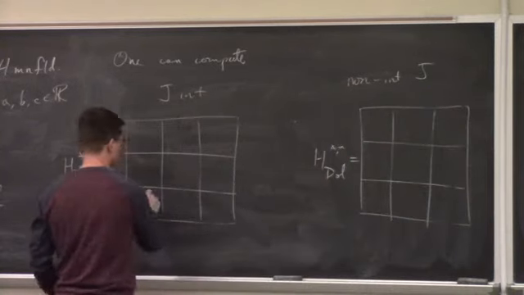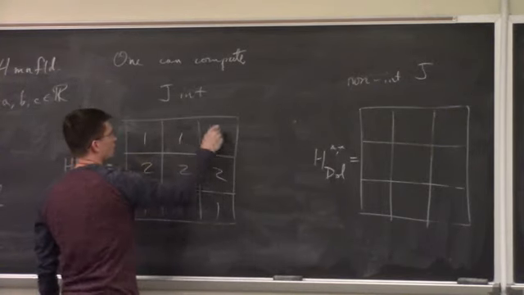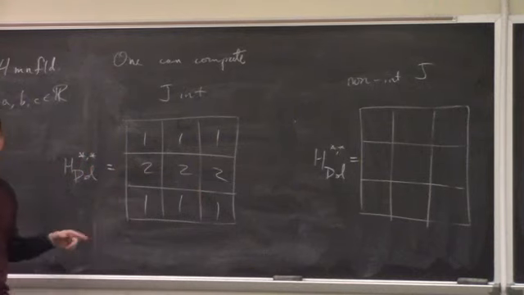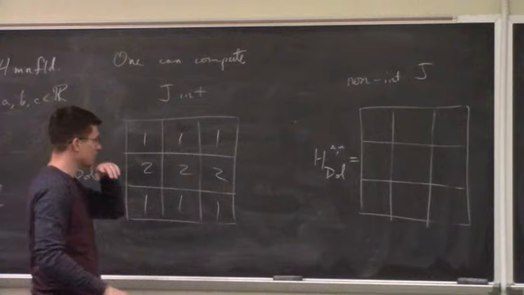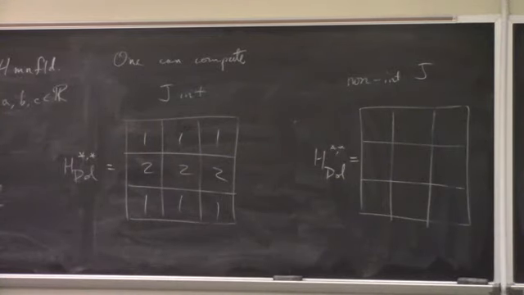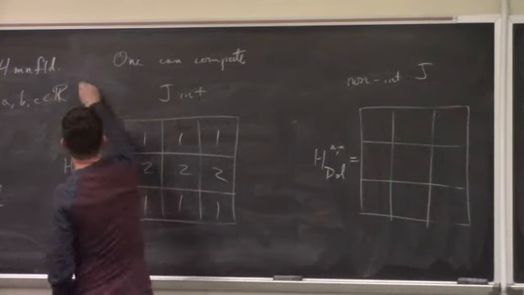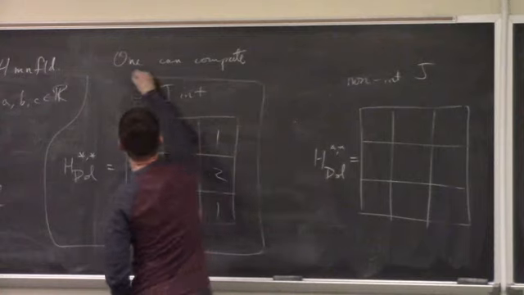So here the groups are, when I write the number 1 or 2 in a box, I mean C1 or C2. This is as a complex manifold.